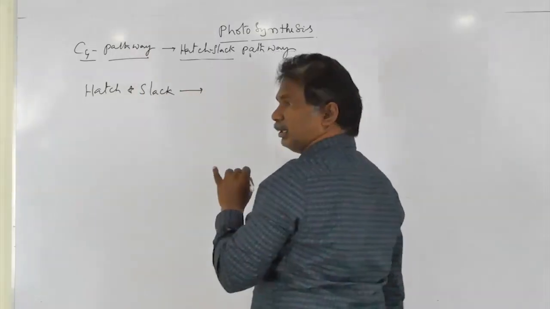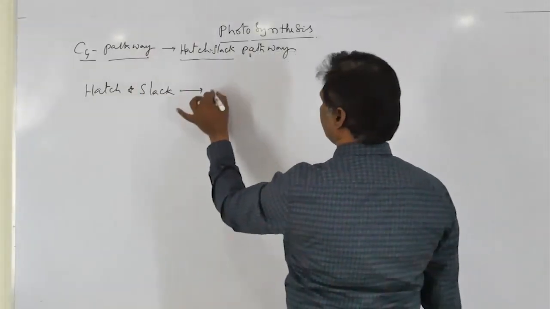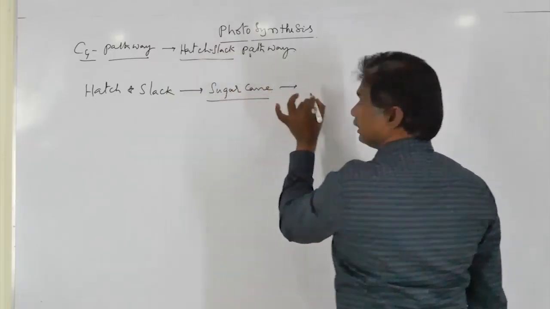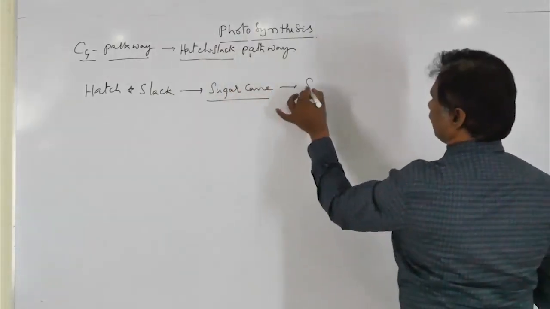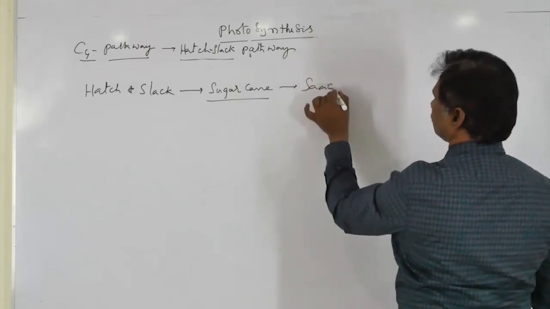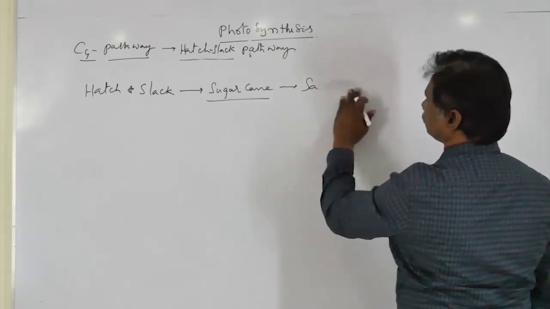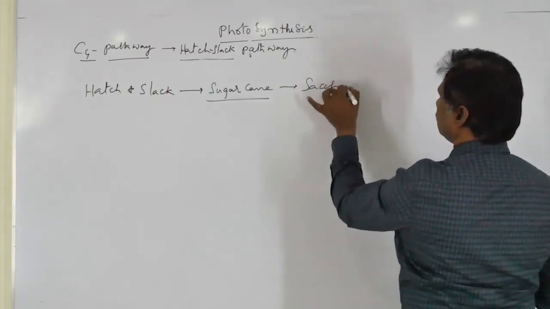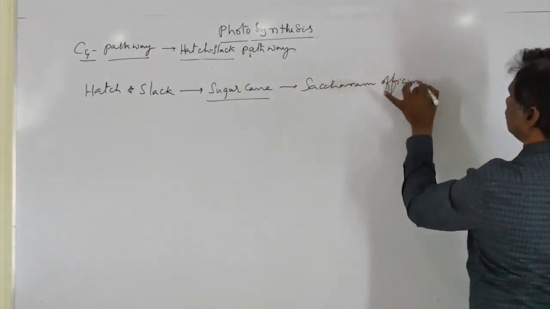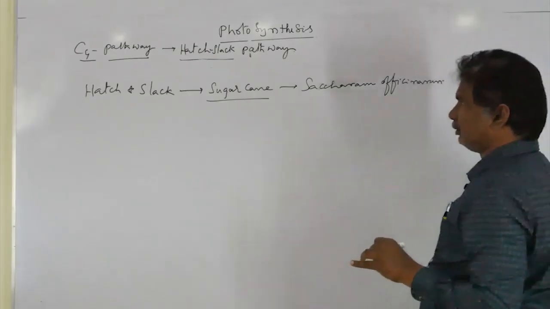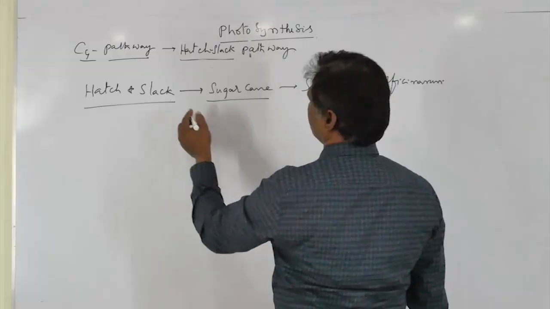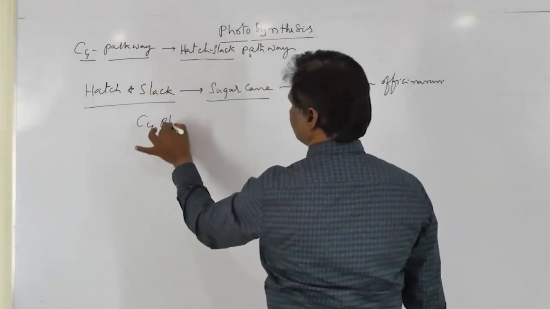They worked on sugarcane, whose scientific name is Saccharum officinarum, and they discovered that some plants are called C4 plants.